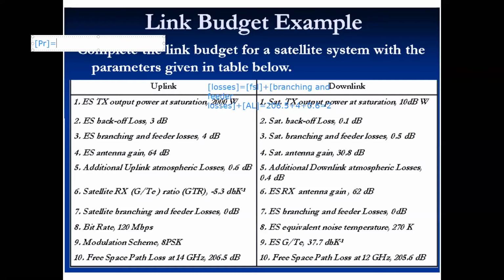Can you see 2000 watts? So it is 10 log of 2000. Yes, PT is done. That is in dBs. Yes or no? What is the gain of an antenna? What is the Earth station antenna gain that you see? 64 dB. Right? So my G is already in dBs, so I will write it as it is. PT GT is done. Yes or no?